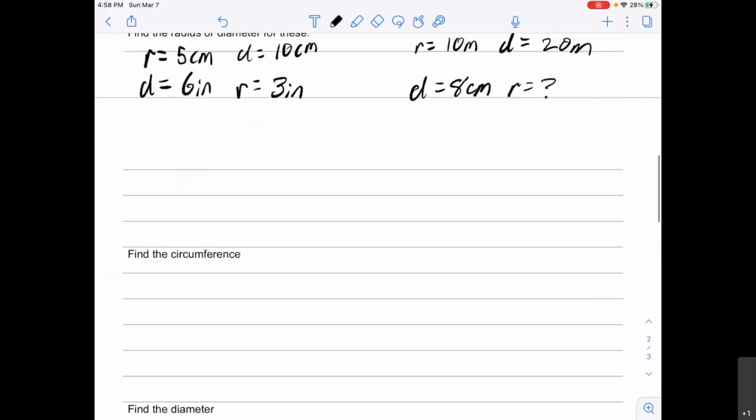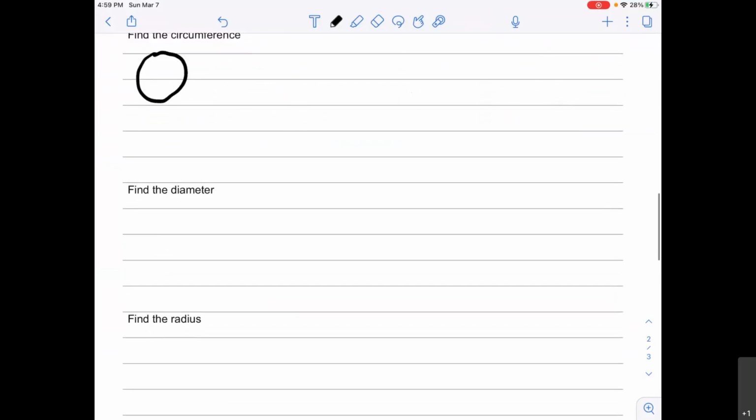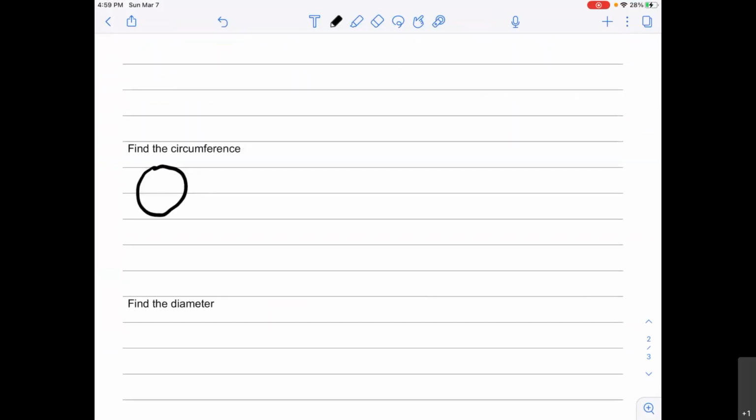So now we're going to move on to looking at the circumference. So let's say that we have a circle, and I tell you that this circle has a diameter of 17 centimeters.